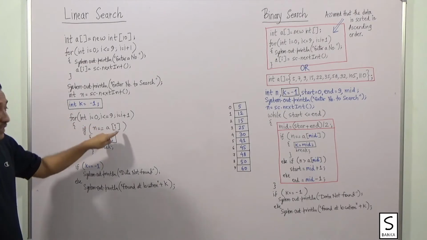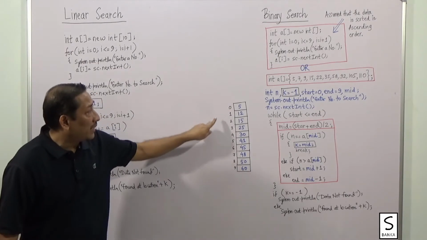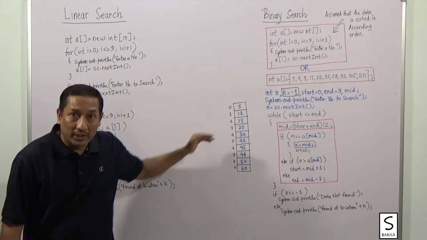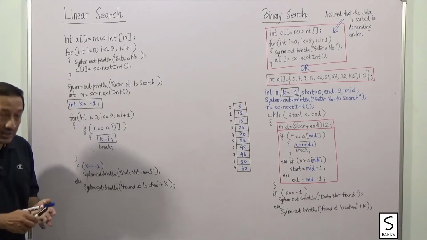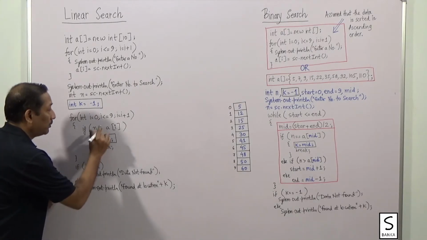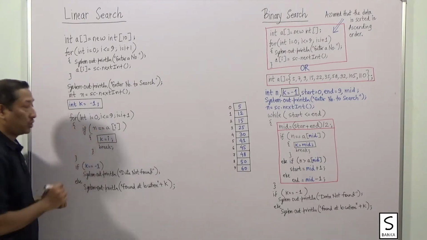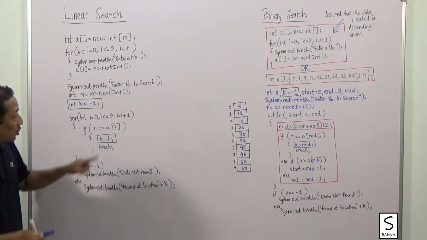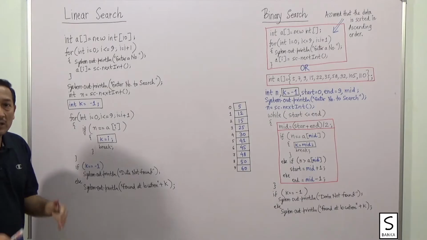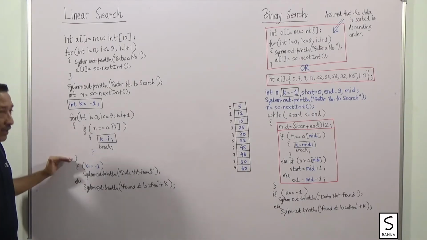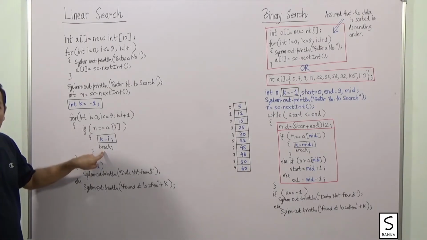So first it will be N equals A0, then N equals A1, then N equals A2 and so on. And the moment our data is found, that is the values match, we store its location i in k. And since the data has been found, we terminate the process here using break.